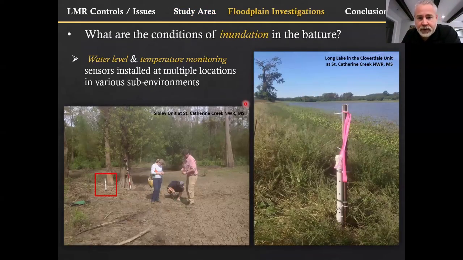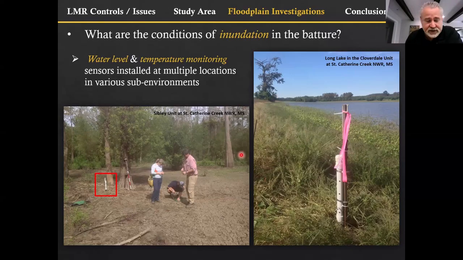So what are the conditions? One of the questions we had was, during a flood or during multiple floods, in the case of what we were able to capture here, what are the conditions of flooding that would be responsible for floodplain sedimentation in different sub-environments of the Mississippi River in these embanked floodplain corridors?